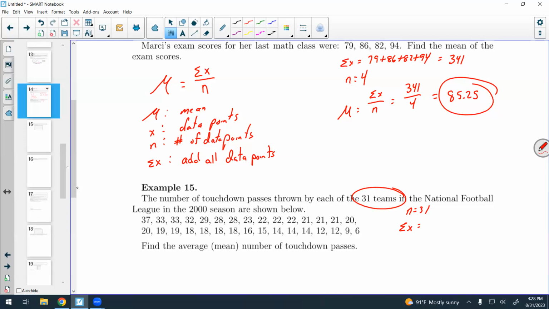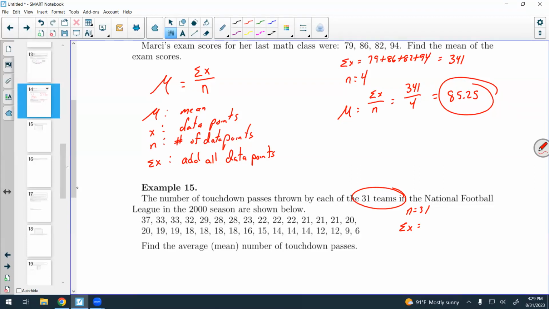37, 33, 29, 28, 28, 23, 22, 21, 20, 20, 19, 19, 18.